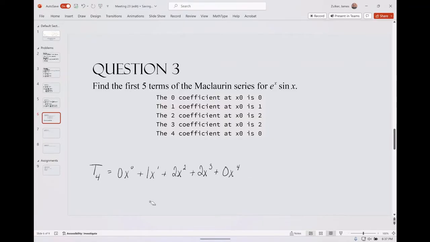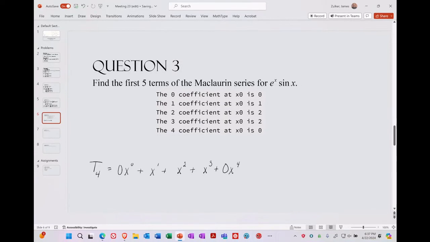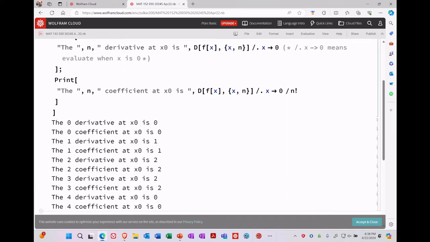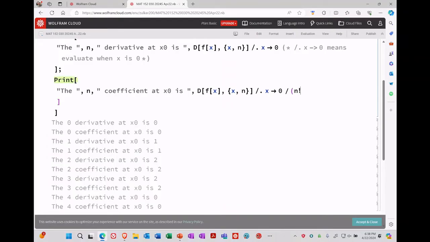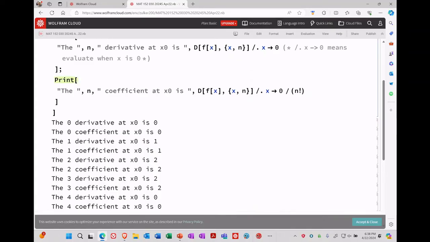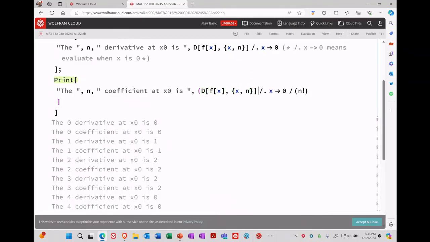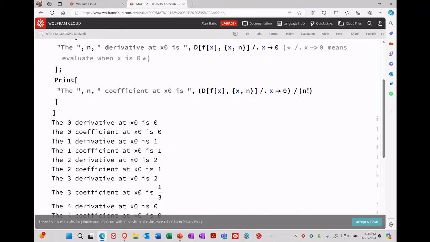Now I remember what I have to do. Let's put the n factorial in parentheses. Right, and then, no, I also have to put this in parentheses, I think. Yes.